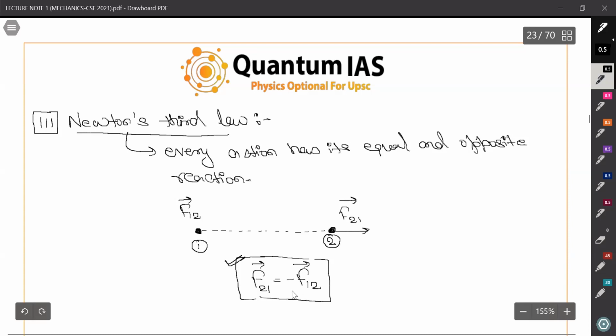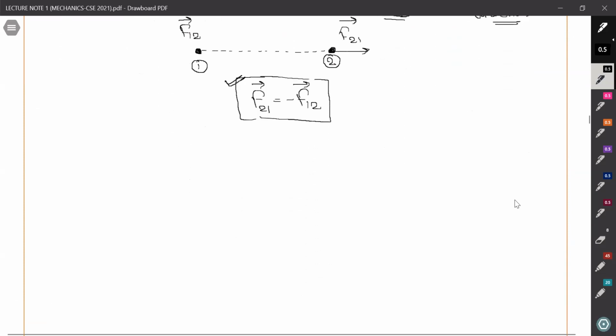What does minus signify here? That they are opposite, but their magnitudes are equal. So they are equal in magnitude and opposite in direction. So there must be a reaction whenever there is an action.